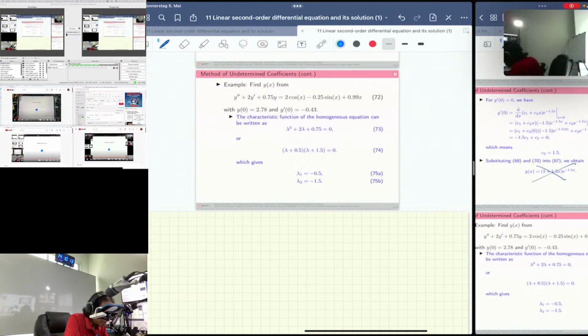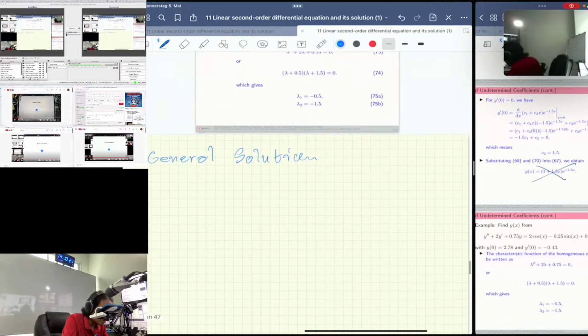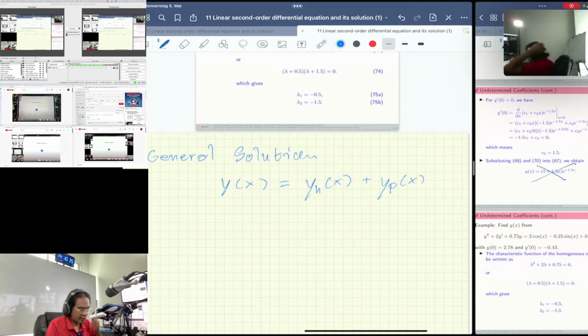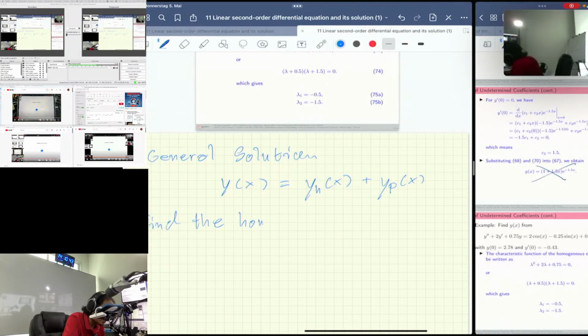Okay, we consider the general solution, right? The general solution will be y(x) equal to y homogeneous plus the particular solution. We need to find the homogeneous solution first.